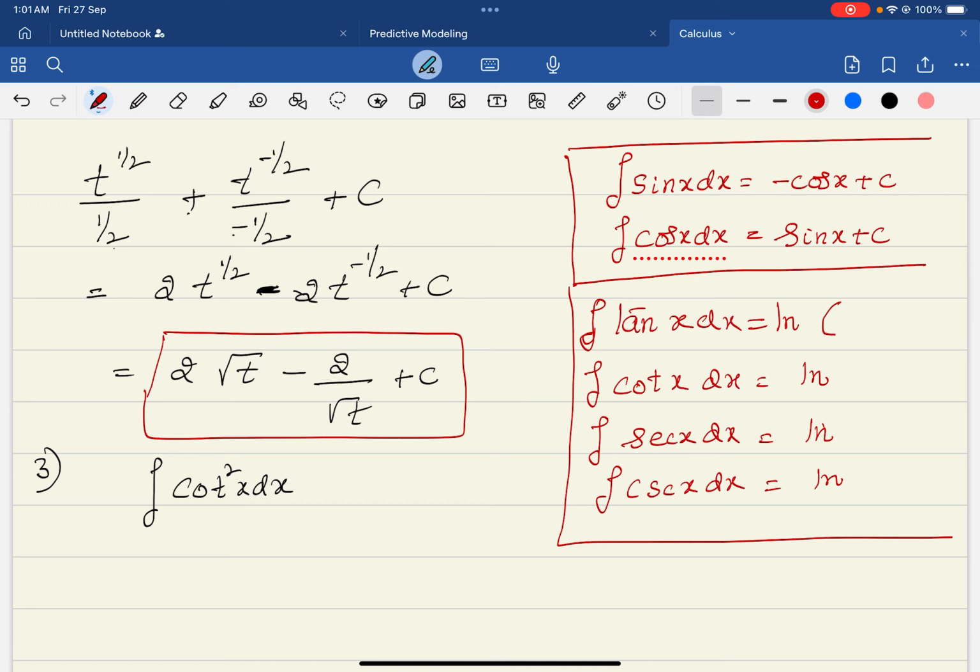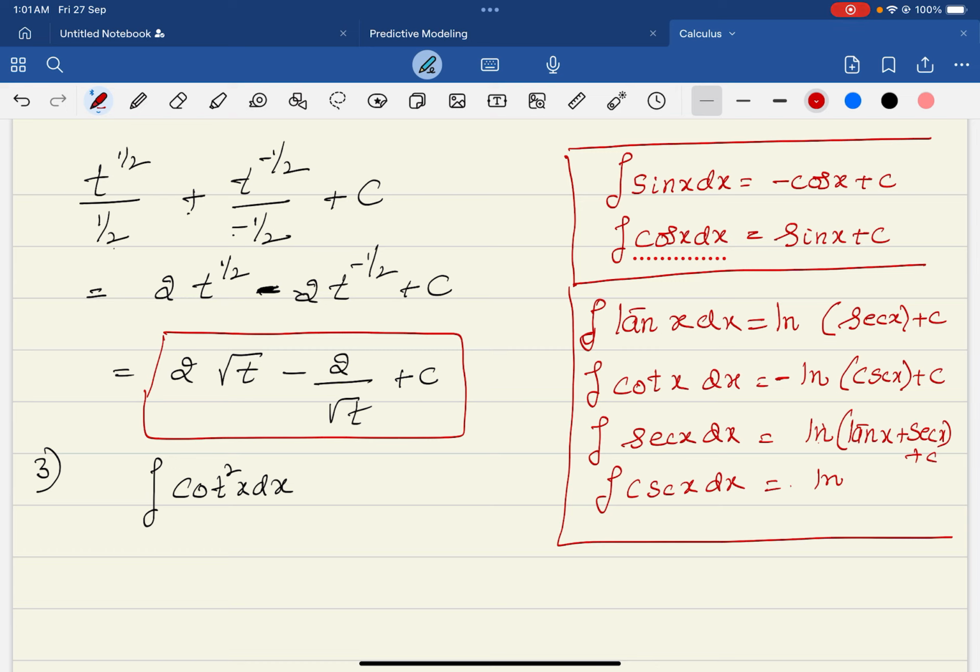So the integral of tan x is ln of secant x plus the constant. The integral of cot x is minus ln of cosecant x plus the constant. Now the integral of secant x: as I told, tan and secant are one set, so it is ln of tan x plus secant x plus the constant.